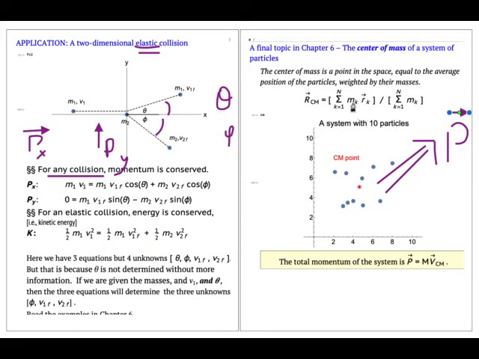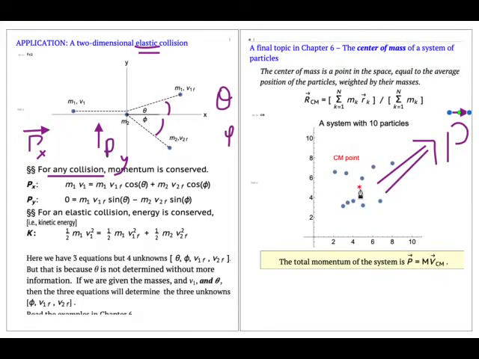So it's the sum of m r for k equals 1 to 10, divided by the total mass, the sum of m for k equals 1 to n. If all the masses are equal, that's just the geometrical mean position. But if the masses differ, then this gives heavier weight to the higher masses, less weight to the lower masses, and so you get some kind of average position, which is weighted by the masses.